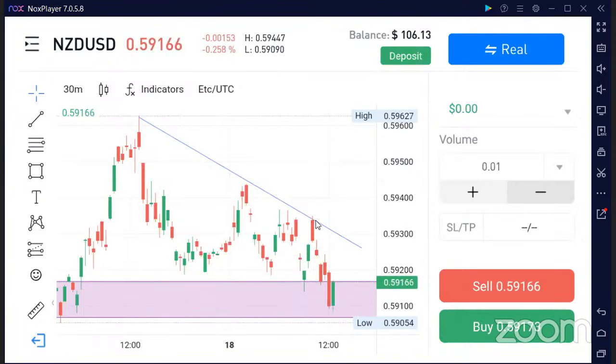Because that's a change of character. Sorry, I'm still using change of character. That is a reversal rather. That is a reversal for us. So if it breaks this lower high, if this current market here comes like this, then goes above this price action, maybe gets to this point, that means we have a change of market.